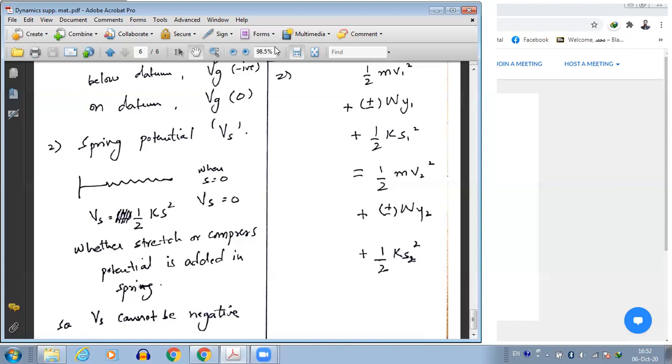But if there is a specific stretch, then we have a spring potential. If you compress the spring or stretch the spring, now the spring has enough energy inside it that if you remove your hand or your power of stretching or compressing, the spring will do some work to return back to its original state. How is the spring doing the work? Because it has some energy stored in it. So it has some potential.